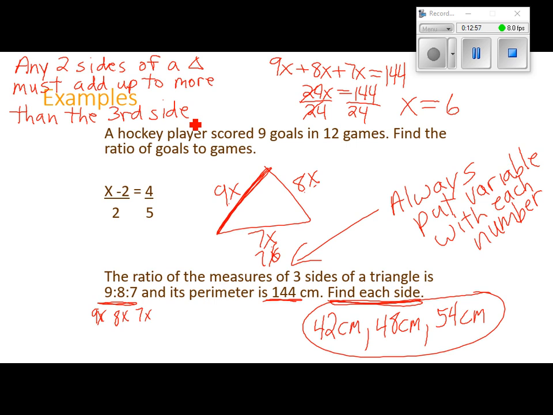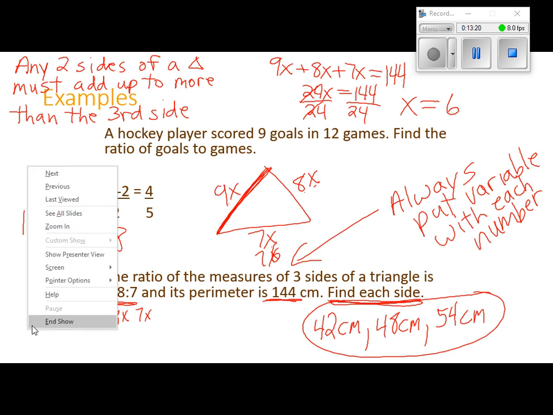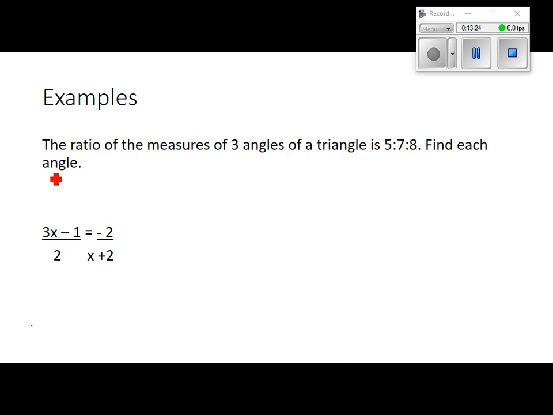So in other words, if we would have done this problem and we came up with our triangle and it was 1, 54, and 48, we know something's not right. That can't be a triangle. Because 1 plus 48 is 49, and that's not more than 54. So it's impossible for that to actually be a triangle in our world. In Andrew's world, it might be possible. In our world, it's not.